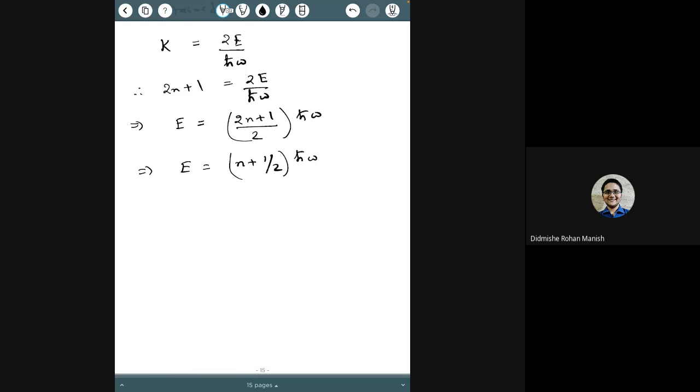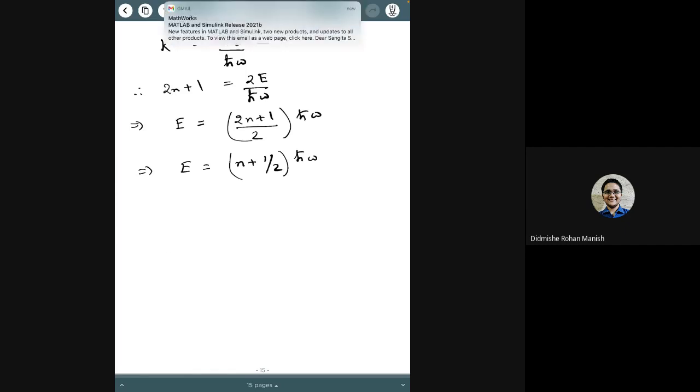So now we end up with only certain allowed values of E. Now my energy can no longer be anything. It can only be n plus half times h cross omega. So this is basically the quantization condition that we obtained earlier as well.